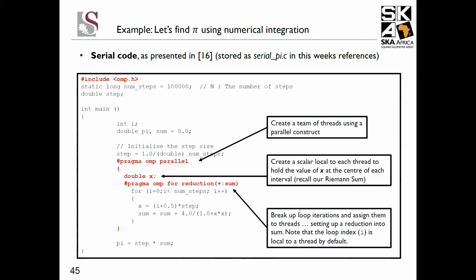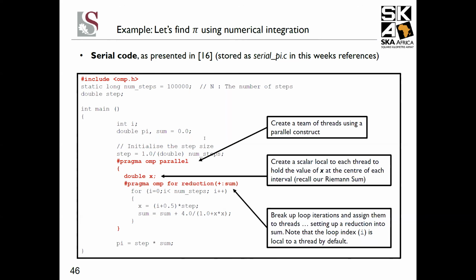The variable into which the reduction results reside is this sum variable. It has to be shared by default, as we saw, which it is, because it's declared at the top, outside of this parallel region. The operator that I would like to apply to my sum is the plus, which we see in the brackets over here. So this is all I added to my serial implementation in order to parallelize it.